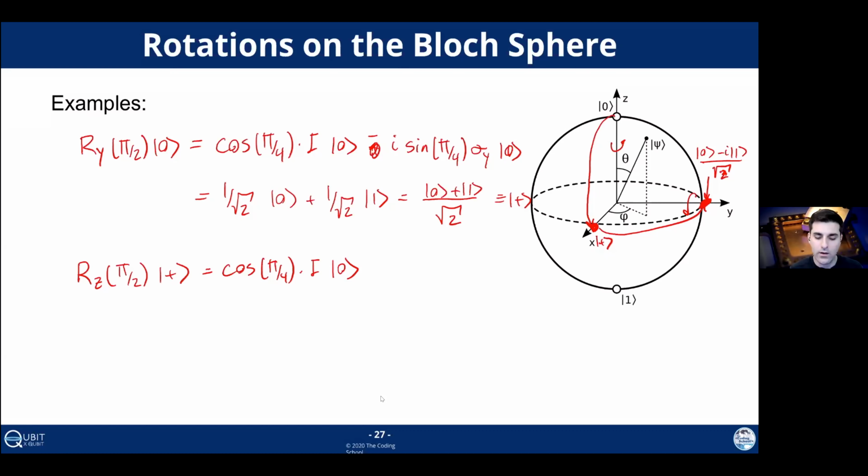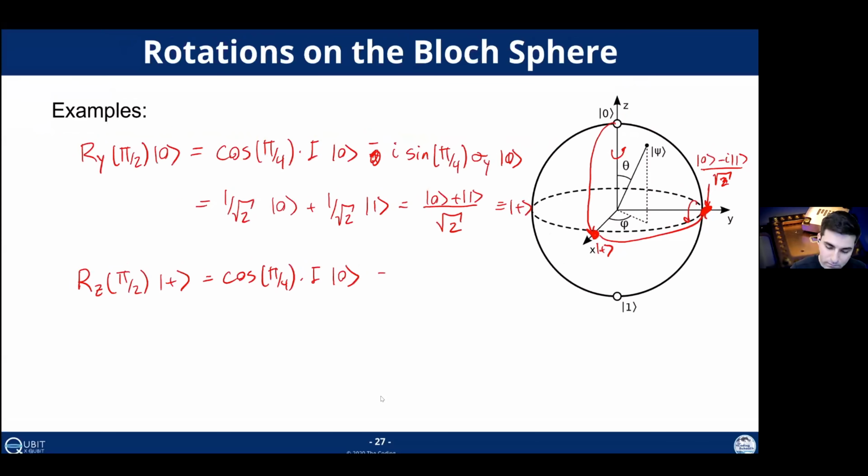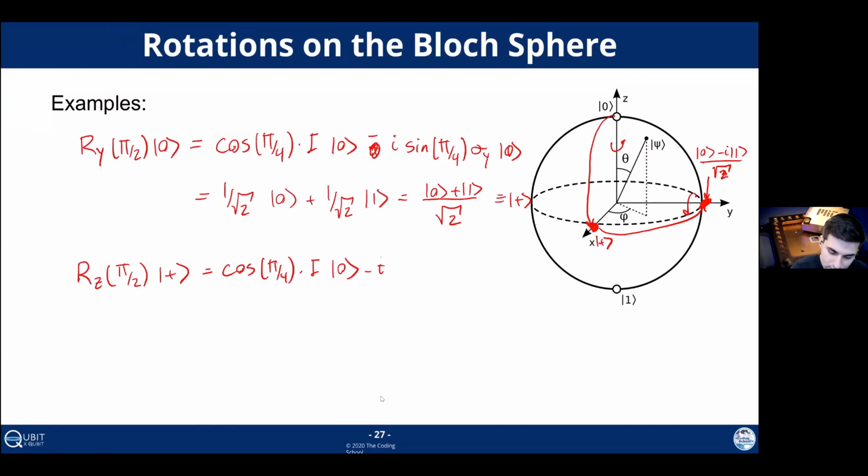So I have pi divided by 4 times the identity acting on, sorry, this is not the 0 state. Of course, this is the plus state. Minus I sine of pi divided by 4 sigma z, in this case, acting on the plus state again.